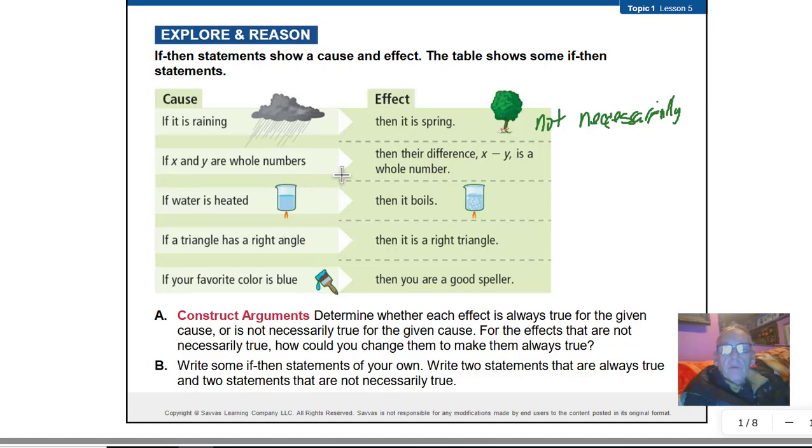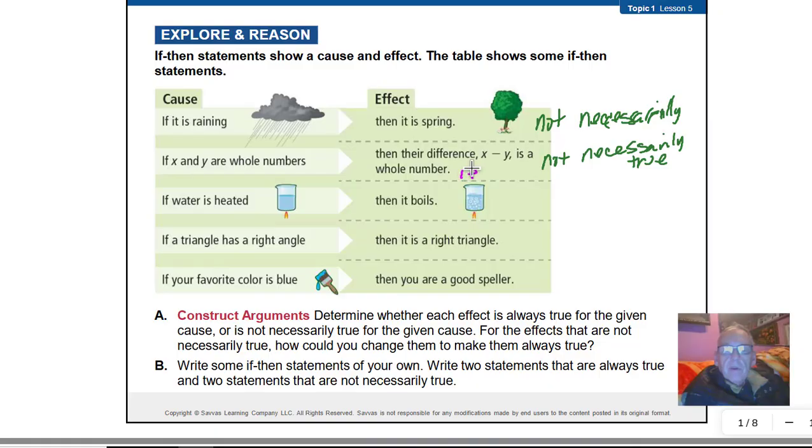If x, y are whole numbers, then their difference x minus y is a whole number. This is also not necessarily true. A counterexample might be, what if y is bigger than x? That would give us a negative number, which is not a whole number.